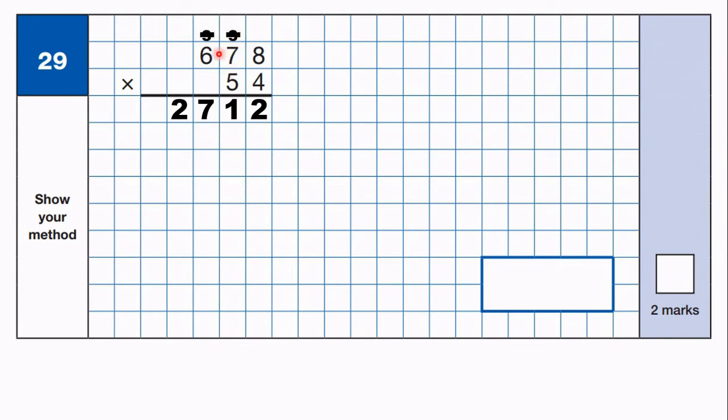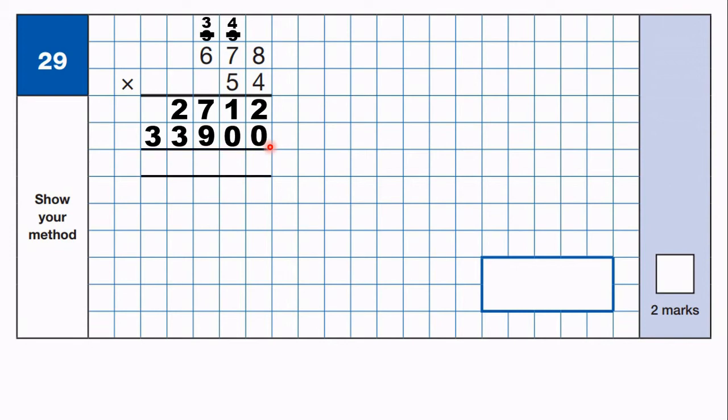Now we cross out our working, write a 0, and 8 times 5 is 40, so 4, 0. 7 times 5 is 35, plus 4 is 39, so 3, 9. And 6 times 5 is 30, plus 3 is 33.